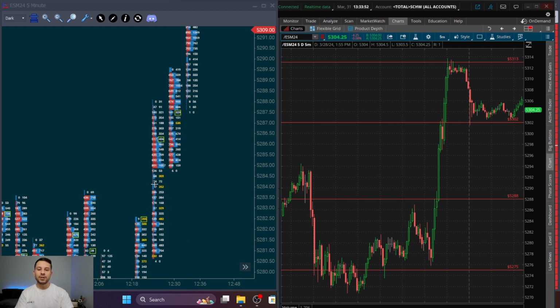The information here is critical because as these prints are developing, you're going to contextually understand, as price slows down and transacts for a period of time, who is outweighing, whether that's at a key support or demand level, or at a key supply or resistance level.